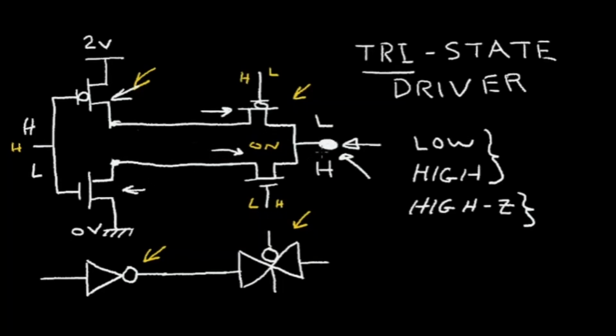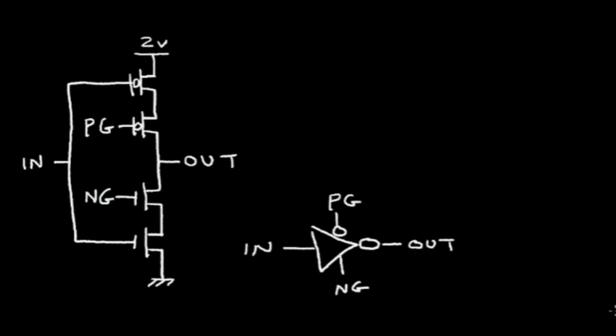So this circuit is still a tri-state driver, but it's a little more compact. It takes up less area on the silicon chip. So let me redraw this new tri-state driver. This is our new tri-state driver circuit. It's the same as the old circuit, it's just drawn a little differently.